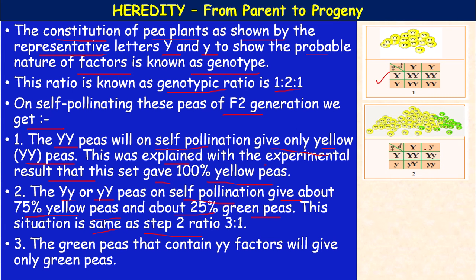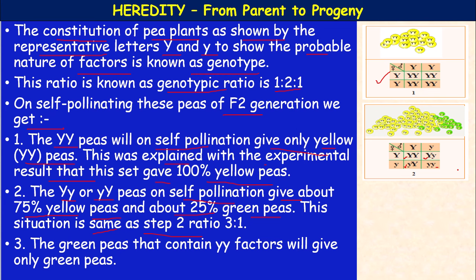You can see here capital Y, small y, capital Y: 3 yellows and 1 green. A 3:1 ratio is produced.